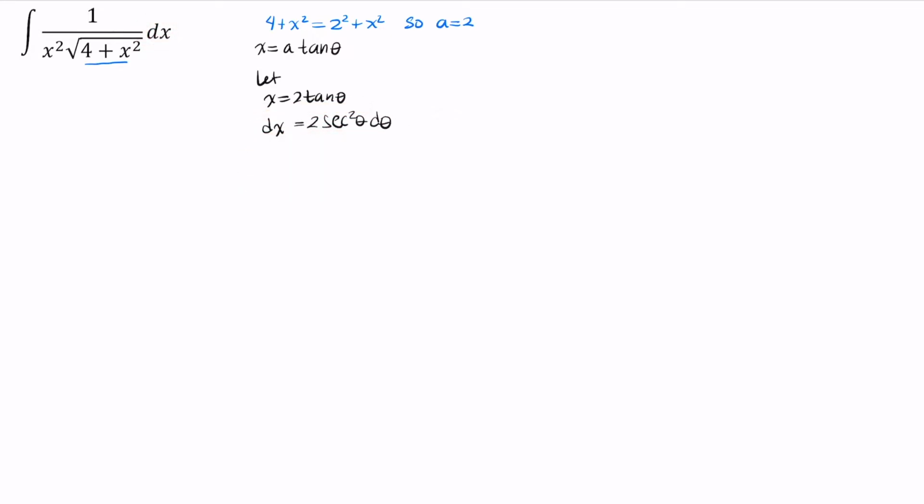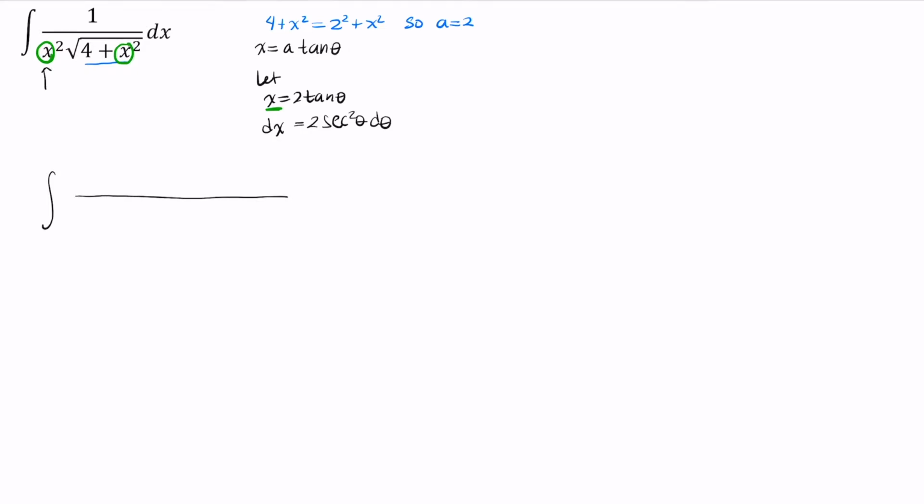Okay, so now we can make our substitutions. Everywhere I see an x, so it's in two places here and here, I'm going to replace that with this x. So what does that look like? Well, let's start with our denominator here.